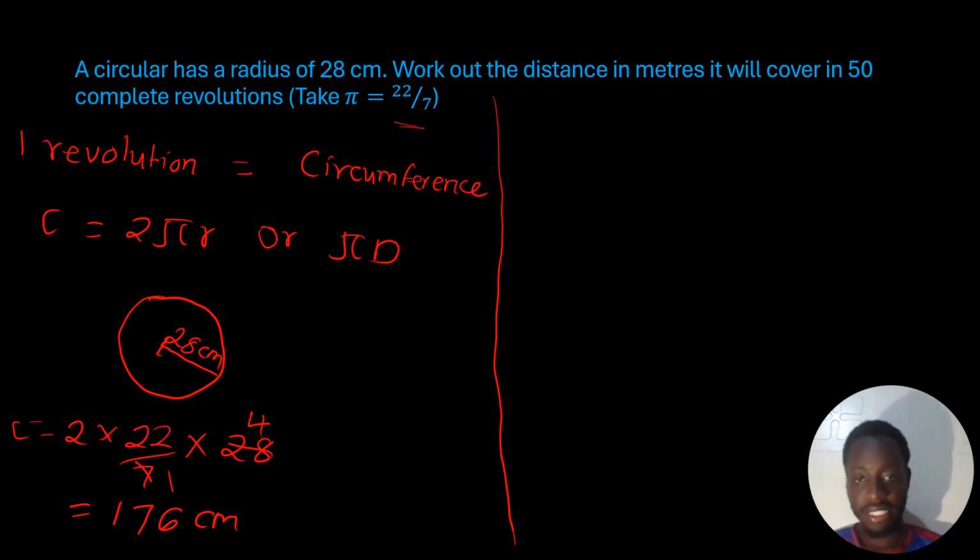We've said circumference is equal to 1 revolution, and our circumference is 176 centimeters. Our question is asking us to work out the distance in meters it will cover in 50 complete revolutions.